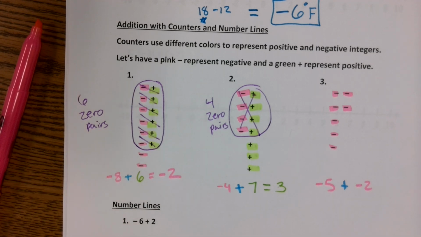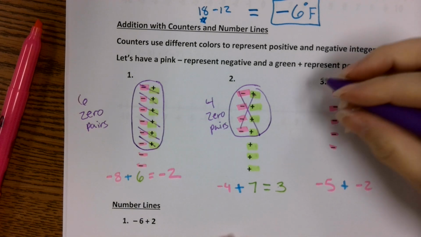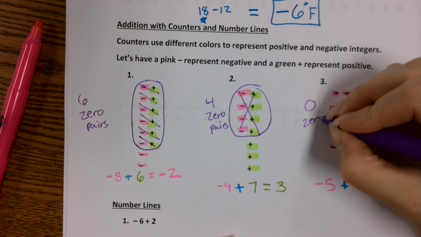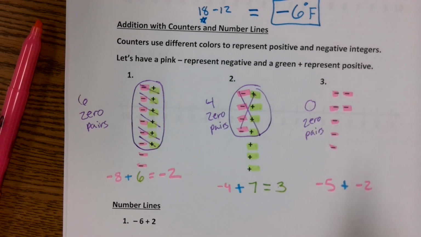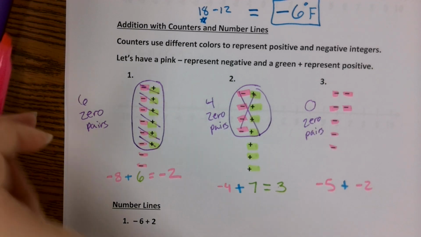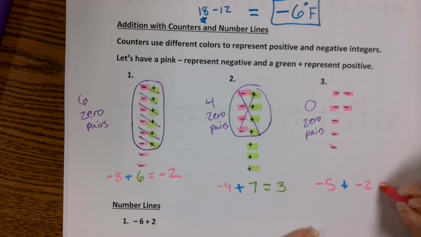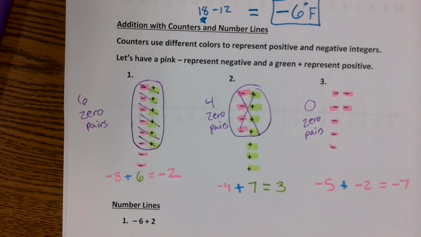There isn't any, right? There are no 0 pairs. There's nothing that's able to cancel out. So that means we're just going to be left with the combination of both columns, which is going to equal what? -7. Okay? So that's showcasing how we would model it using our tiles.